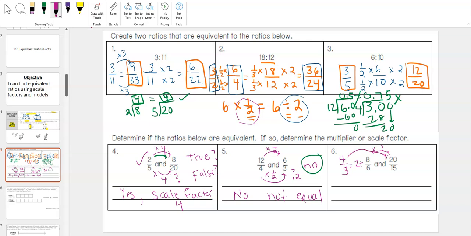And then multiply over. 4 times 5 is 20. 3 times 5 is 15, so it's going to be a yes. However, that is not my scale factor. Because I divided by 2, my scale factor also has to be divided by 2. So my scale factor would be 2.5.